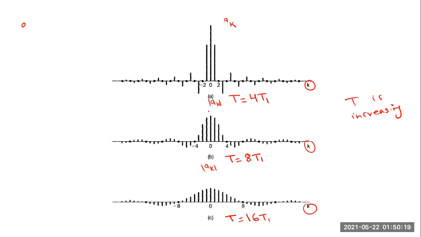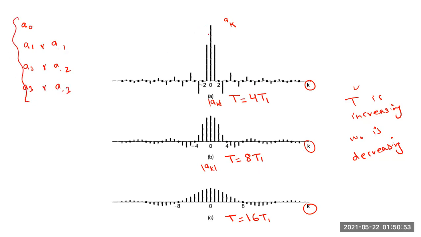So what is actually changing? When you increase the period, what happens to the frequency? So omega naught is decreased. It means the different Fourier coefficients that you will get, so let's say A naught, A1 and A minus 1, A2, A minus 2, A3, A minus 3, these are different coefficients that are plotted over here.